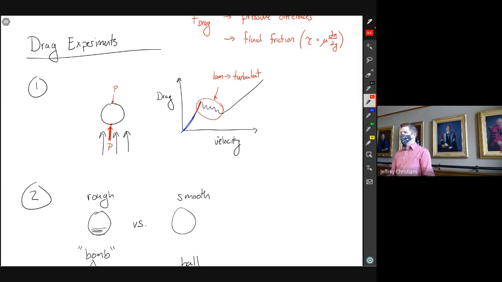The rough ball, you get to jump ahead and kind of get onto this part of the curve down there. You get to jump from the laminar curve down to the turbulent curve, kind of before it was time to. And again, we'll talk about exactly the physics of that and why that works.